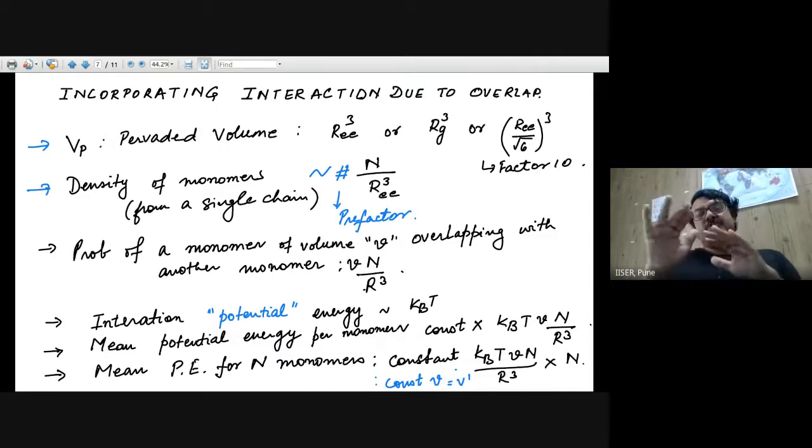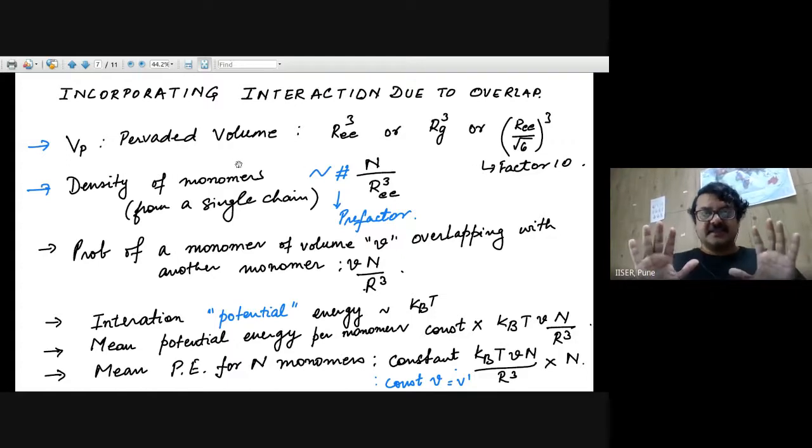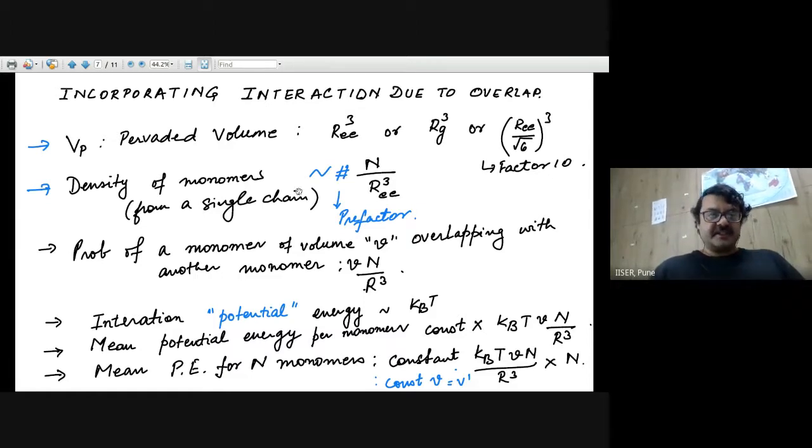So this is like the scaling theory, because you're more interested in the exponents, how certain quantities change with n, and you're interested in the exponent because that decides the macroscopic physics going on inside. So here we are dropping the prefactor. An estimate of the density of the monomers from a single chain is around n by REE cube.